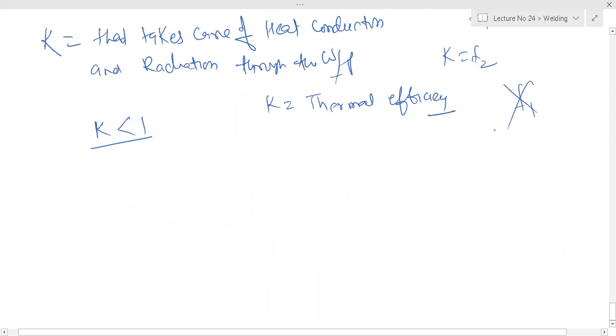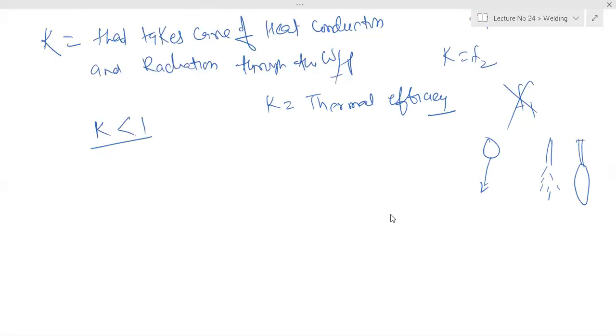We are not supplying heat from outside. Heat is generated inside the material. Getting my point? Heat is generated inside the material, inside the resistance, by the resistance heating. It is not transferred from the arc or from the gas, right?